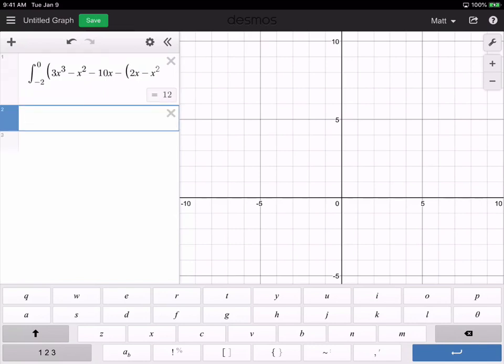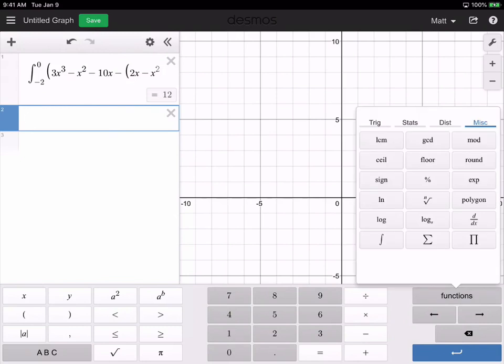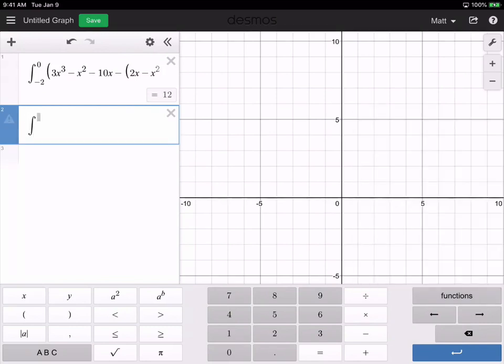Now the second one, we'll do it again. So functions, miscellaneous, definite integral. Now we want to go from 0 on up to 2. Okay, we start a parentheses for the whole integrand, and now we get the 2x minus x squared.